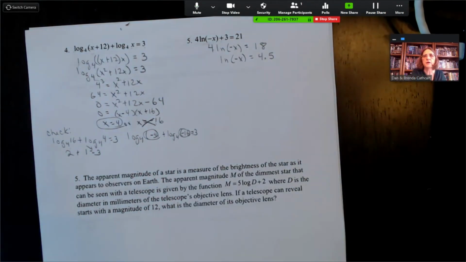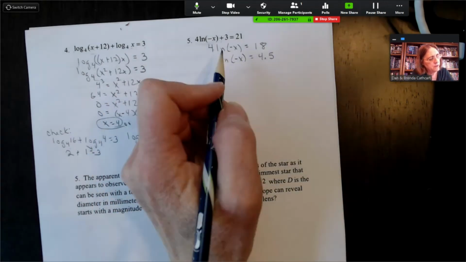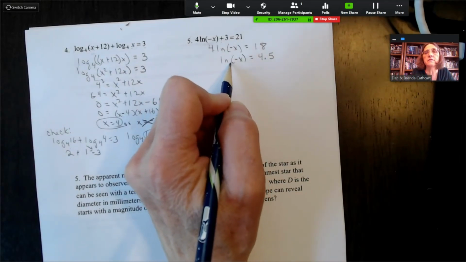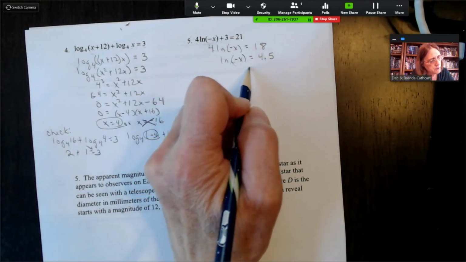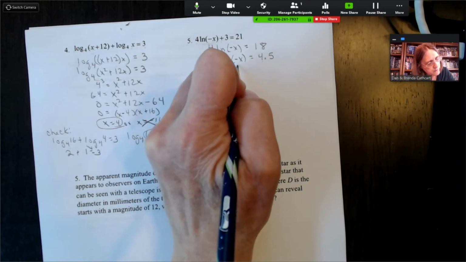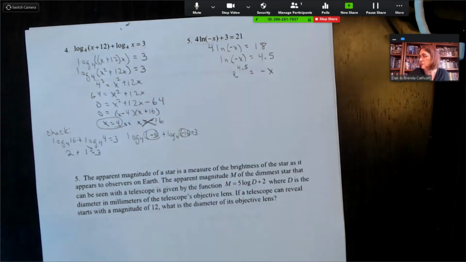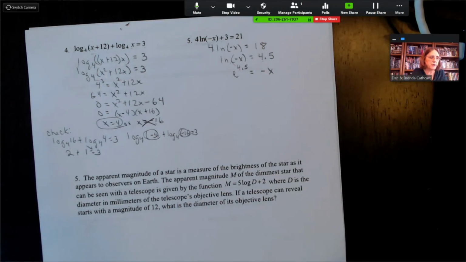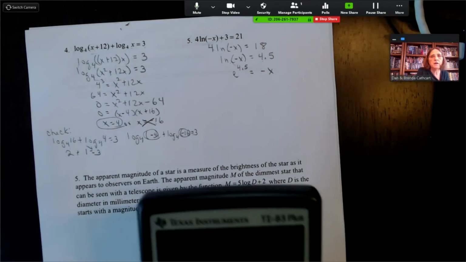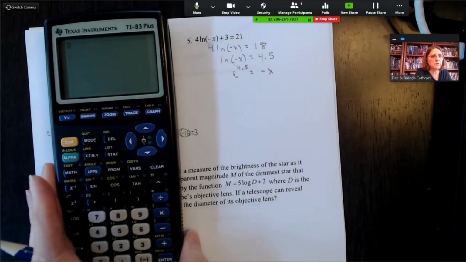And we're going to take it out of log form. We have to identify the base, and our base in this case is e. So e to the 4.5 equals negative x.